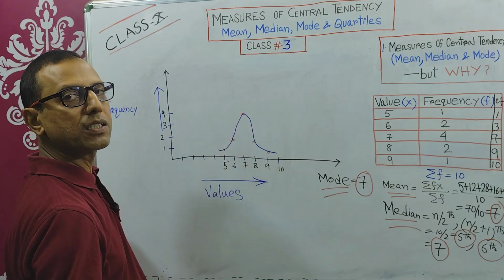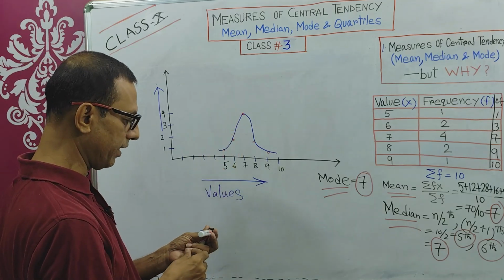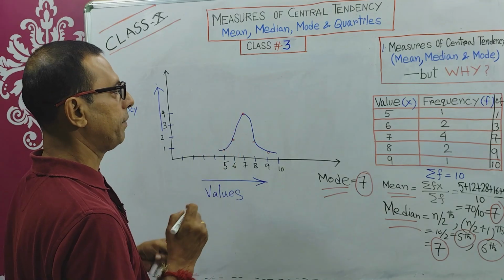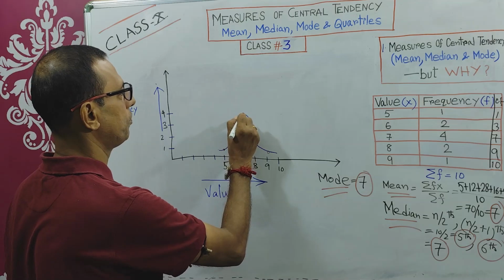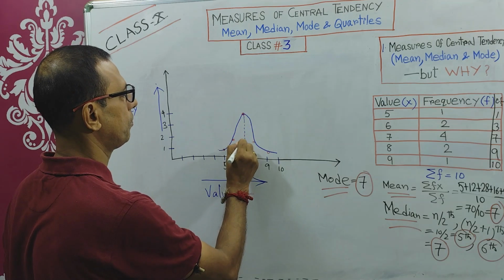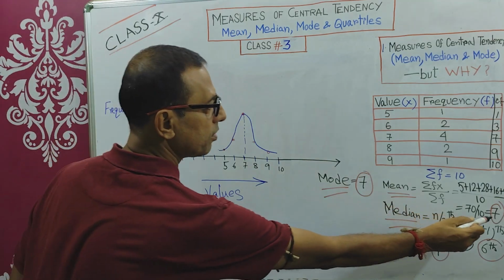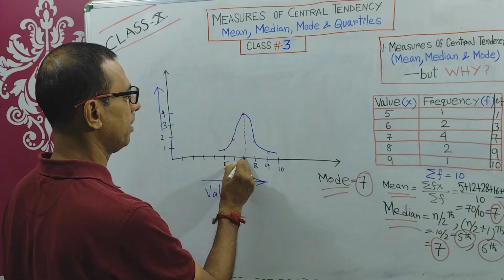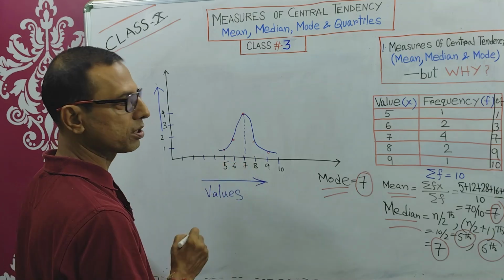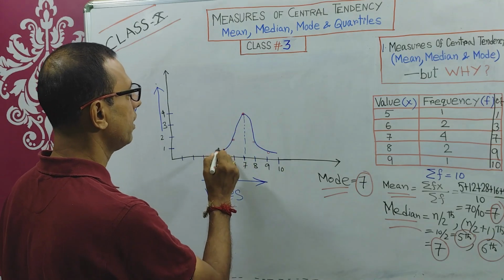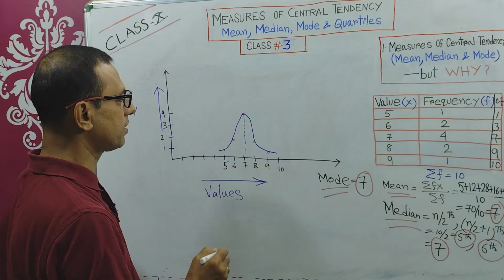This is the highest frequency, the mode. And the mean is also 7. So 7 is the mean. And the median is also 7.